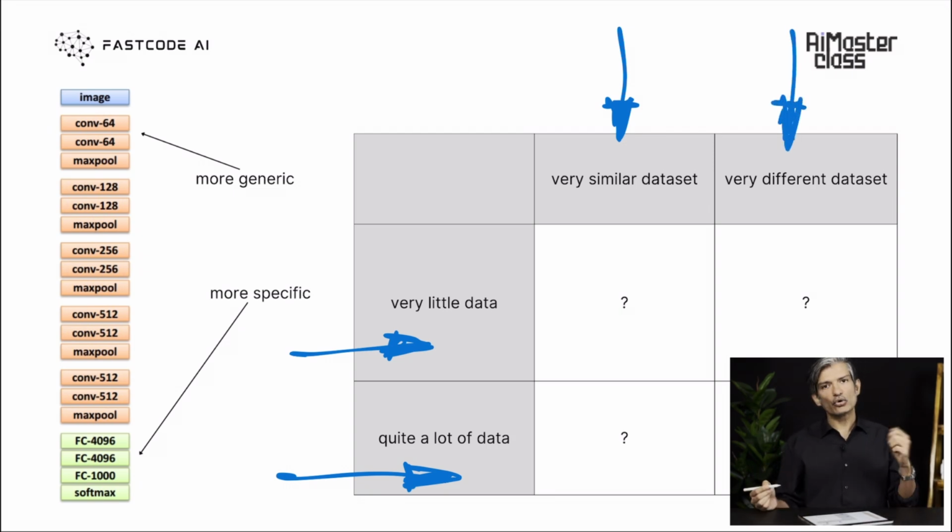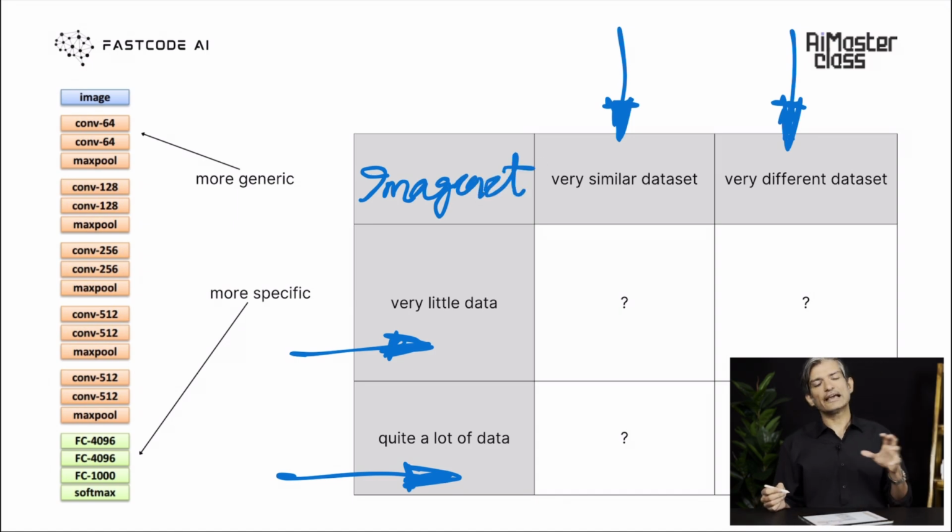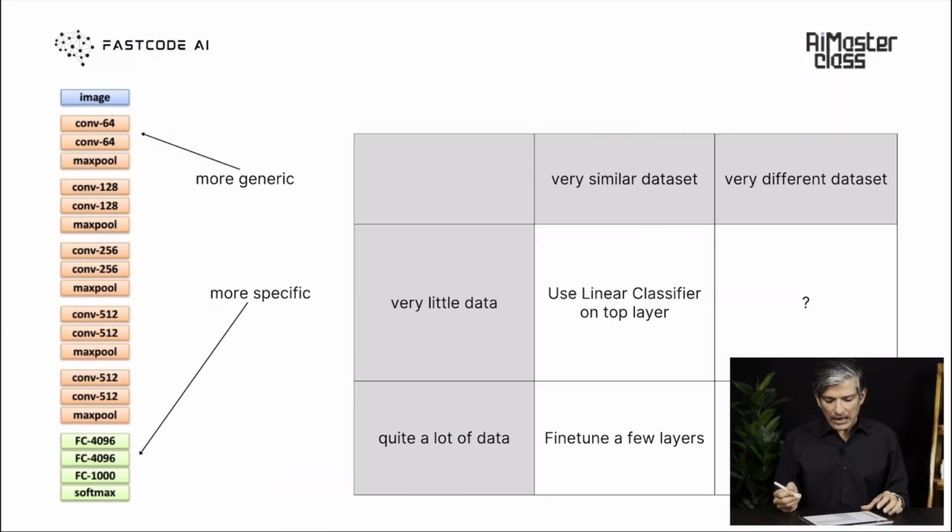For example, let's say we are talking about ImageNet. ImageNet is a collection of 1,000,000 images, and each of these images comes from one of those 1,000 classes. Now your current data set is, let's say, something very, very different.